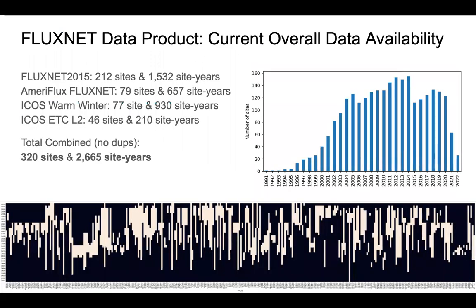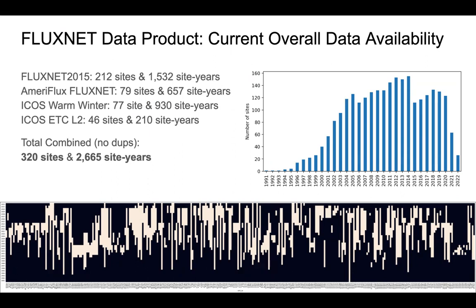So just looking broadly at the data availability for the sites. Here I'm combining the availability for all of these different rounds of processing, all these different versions of the data product that are available. So FLUXNet 2015 had 212 sites, and then we have 79 sites that were processed for UniFlux, 77 plus 46 for IQOS.